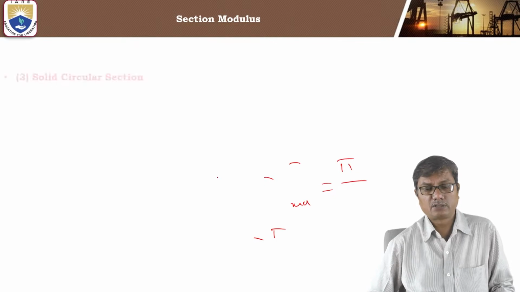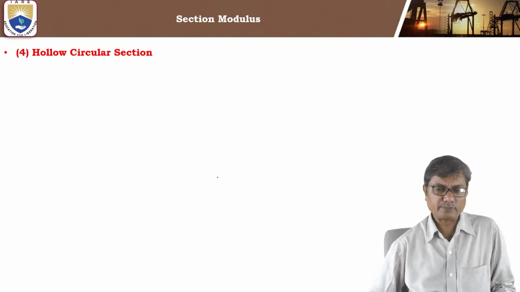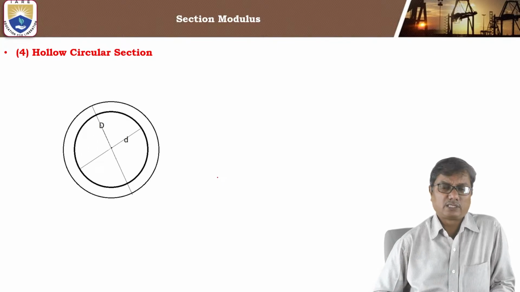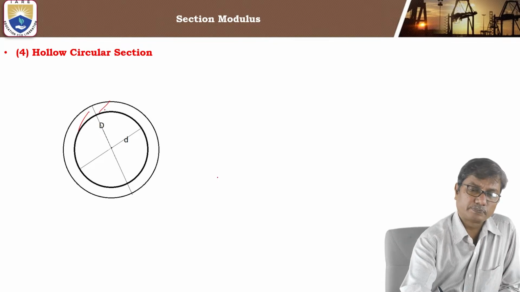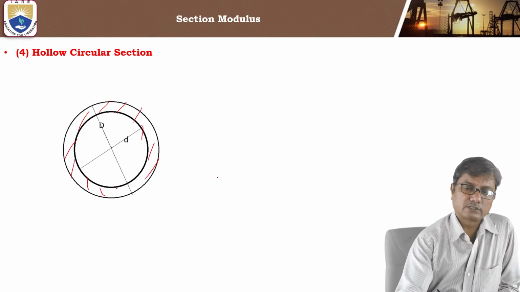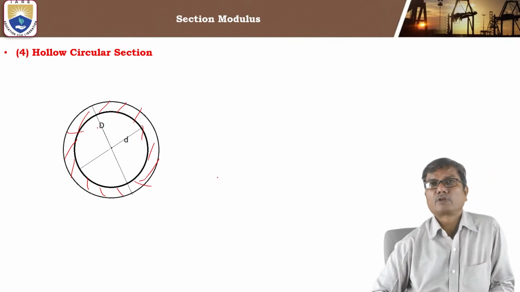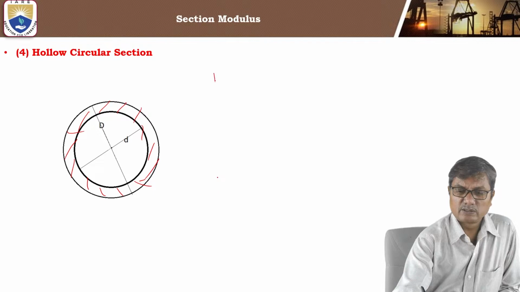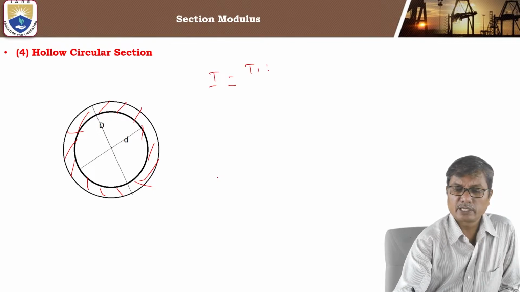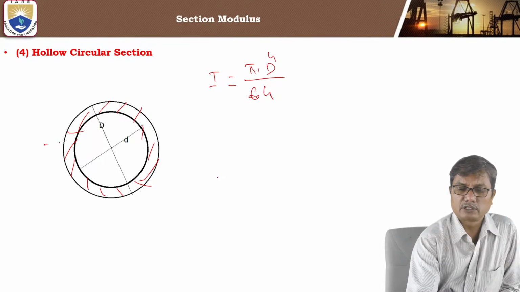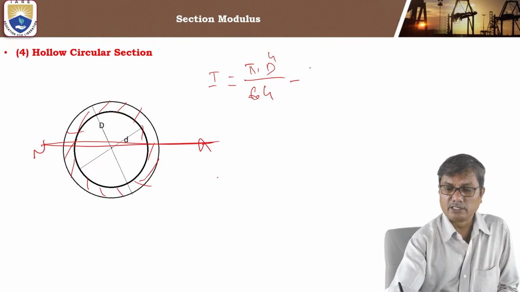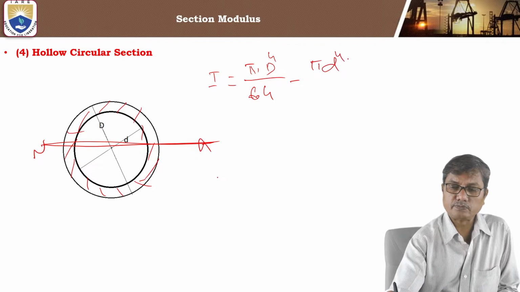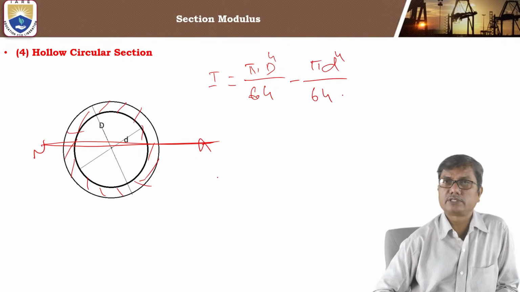Next, for a hollow circular section with outer diameter capital D and inner diameter small d, the moment of inertia about the centroidal axis is pi into capital D power 4 by 64 minus pi into small d power 4 by 64.